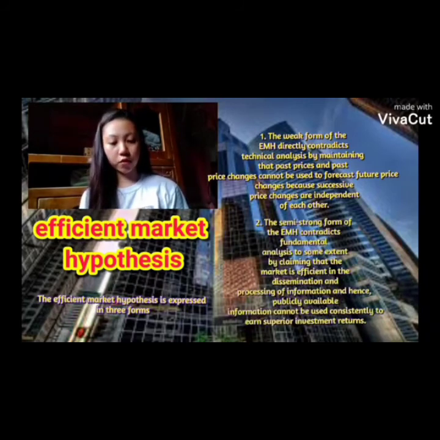The semi-strong form of EMH contradicts fundamental analysis to some extent by claiming that the market is efficient in the dissemination and processing of information, and hence publicly available information cannot be used consistently to earn superior investment returns.